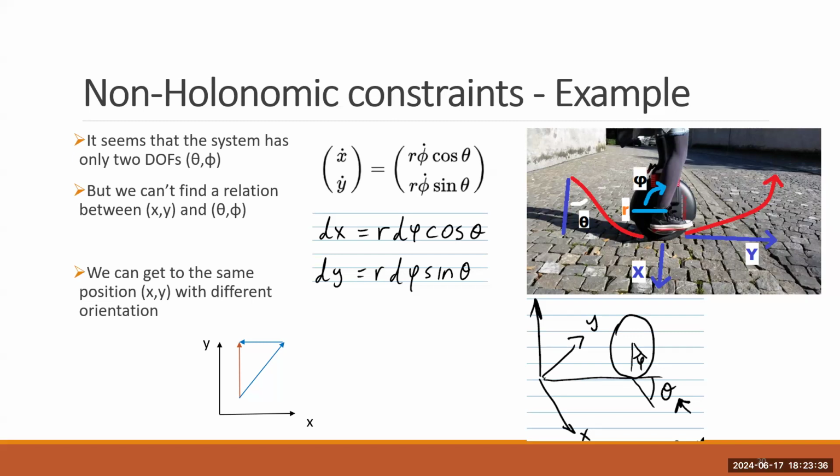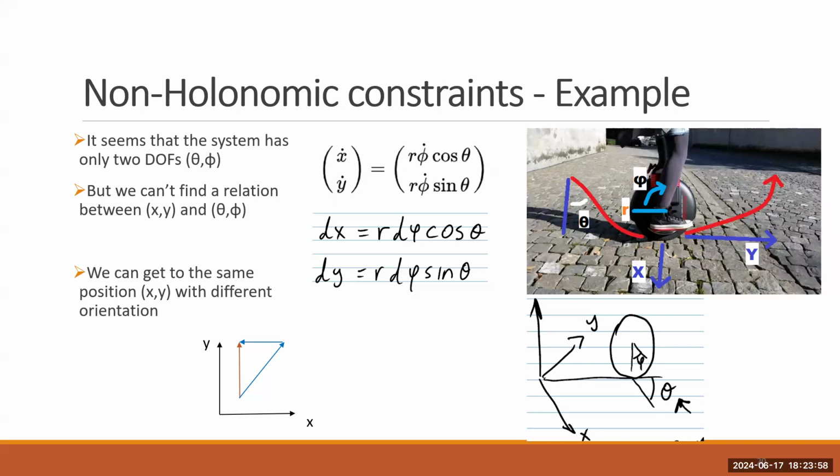And the problem is that we can get to the same xy position with different orientations. So I can get in a direction like this and that, and also move forward here.